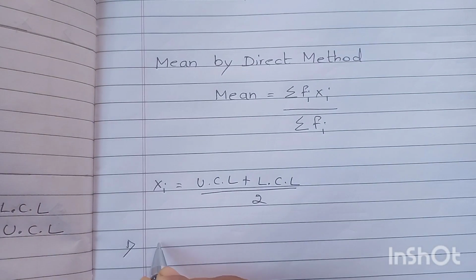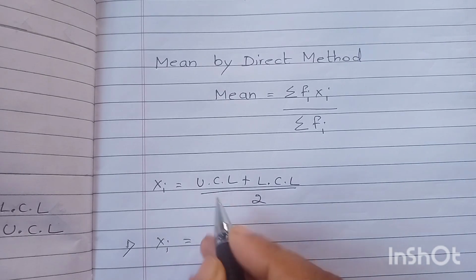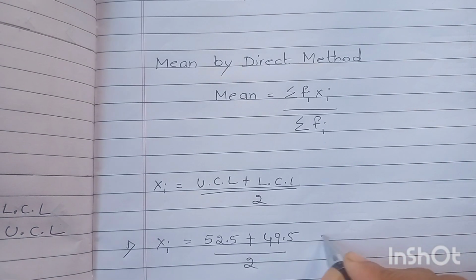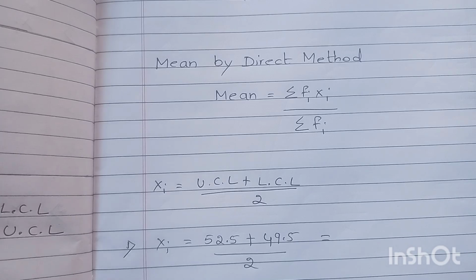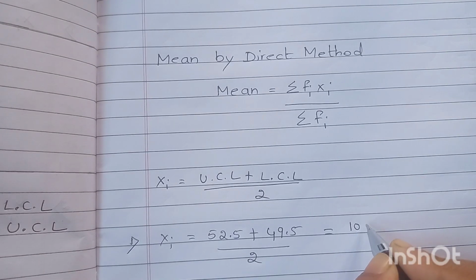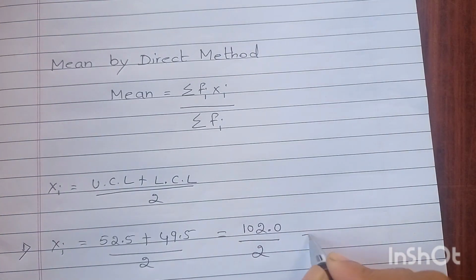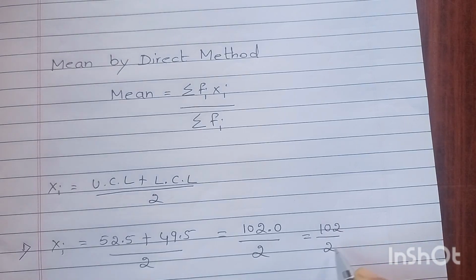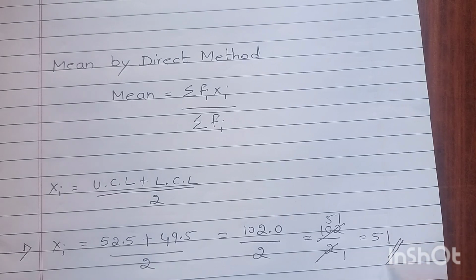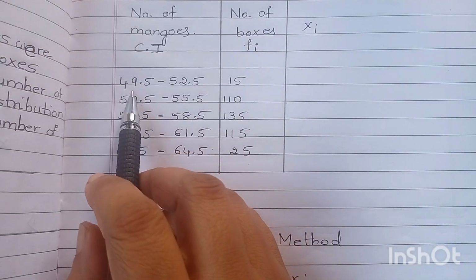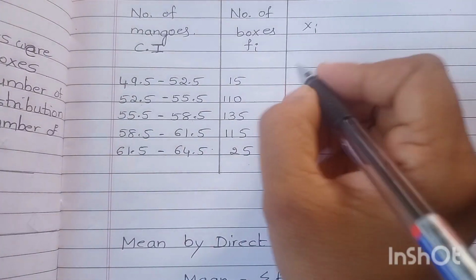Xi is equal to upper class limit 52.5 plus lower class limit 49.5 divided by 2. 52.5 plus 49.5 is how much? 102.0 by 2. 102.0 is nothing but 102 by 2. That is 51. 51 is the middle number of the class interval 49.5 to 52.5.